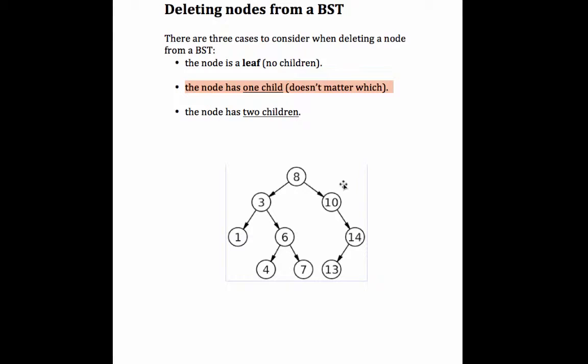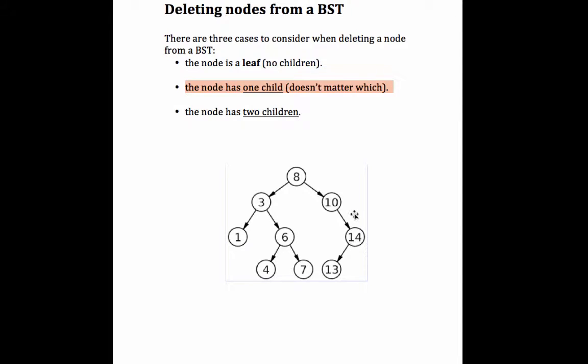In other words, if I want to delete the node that has value 10, then I need to link the parent of that node, which happens to be 8, with the child of that node that happens to be 14. So in a sense, this is like a linear linked list that has 8 followed by 10 followed by 14. And if you remember in the discussion of linked lists, to remove that node, we simply bypass that node. Let's assume now that we want to remove 14.